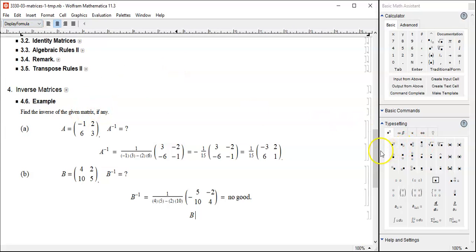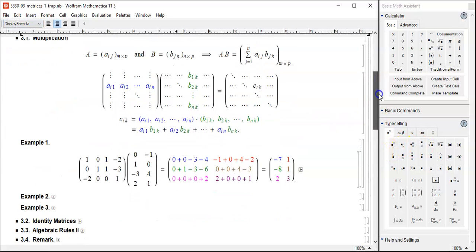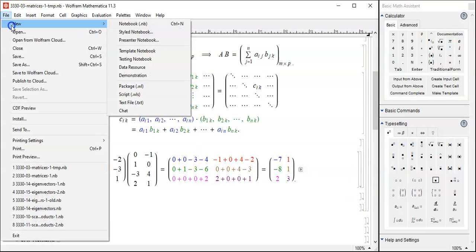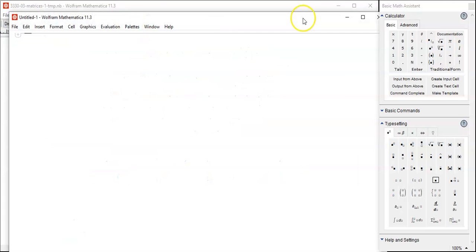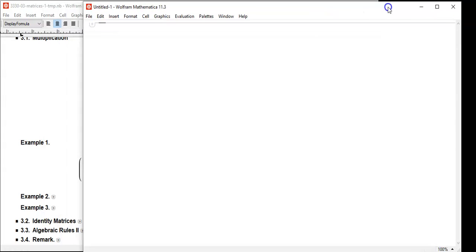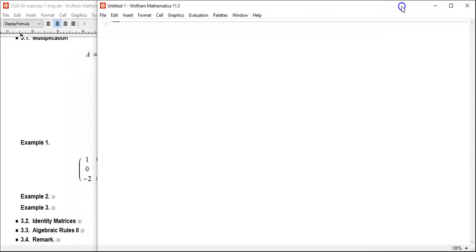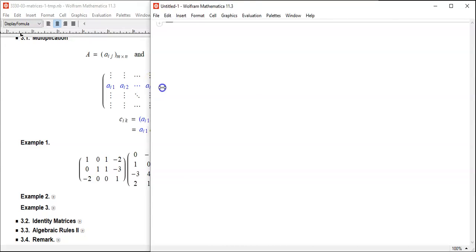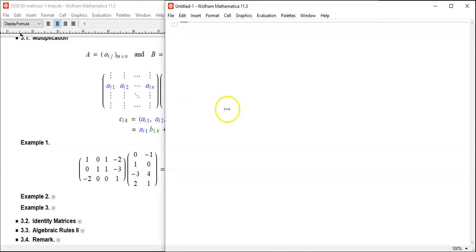Oops, what did I do? Okay, all right. New window. And then let's do some work here. I'm going to give you some commands.